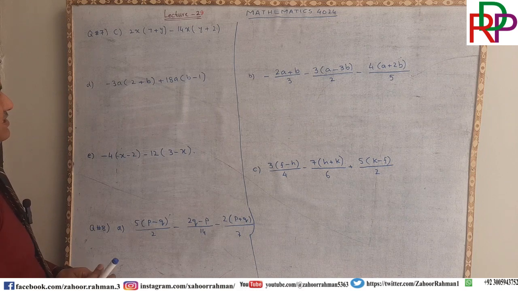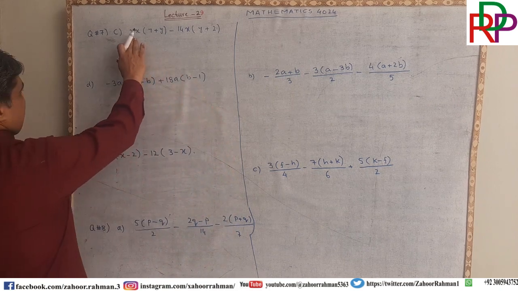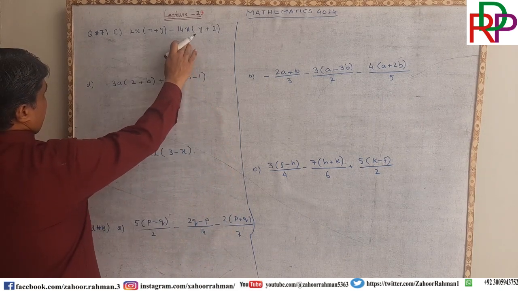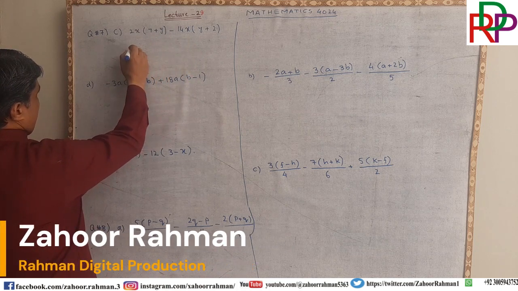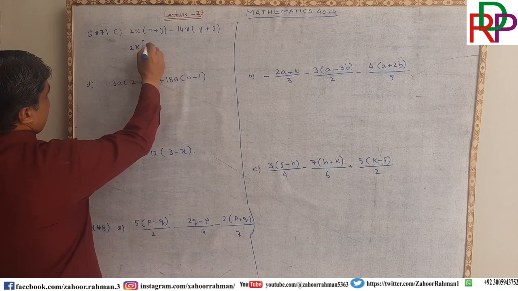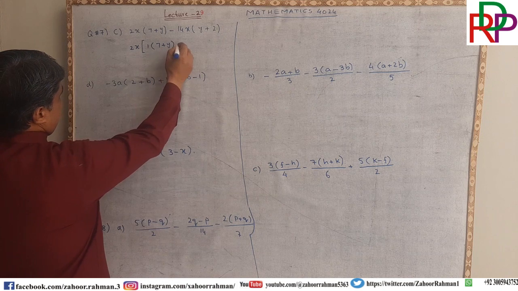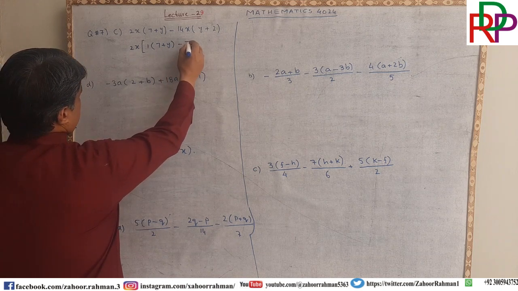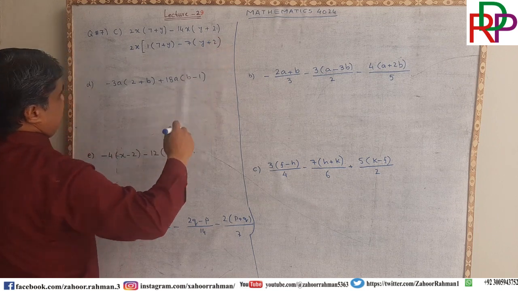And remember, ladies and gentlemen, we were talking about factorization. So the question is written for you. 2x is here and 2x is here, so I am taking 2x. So 1 and 7 plus y will remain here, minus 7 and y plus 2 will remain here.